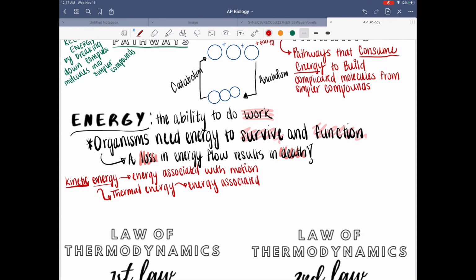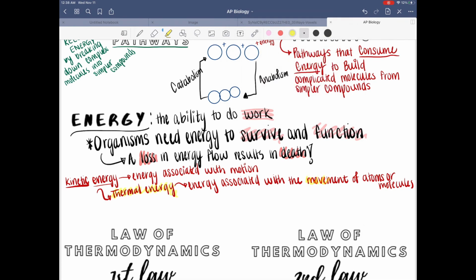All right, so we already know kinetic and thermal, and I just want y'all to kind of rewrite them out in your notes so that this is something that you are going to refresh yourself on so that you can remember it for this topic.